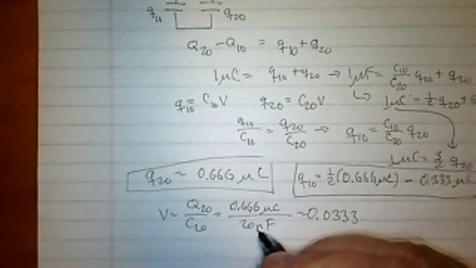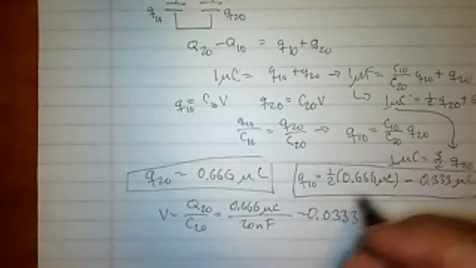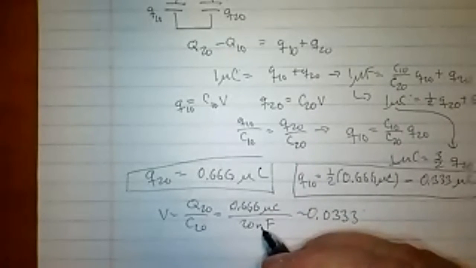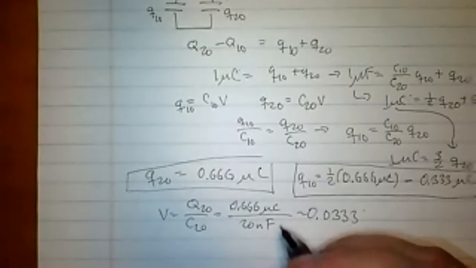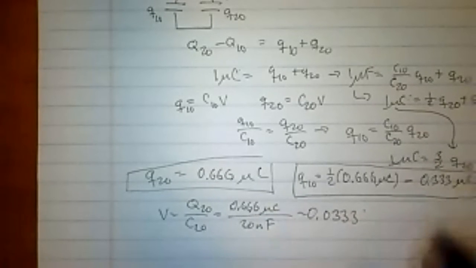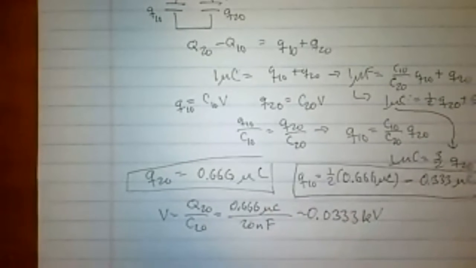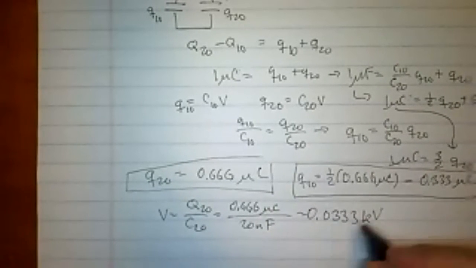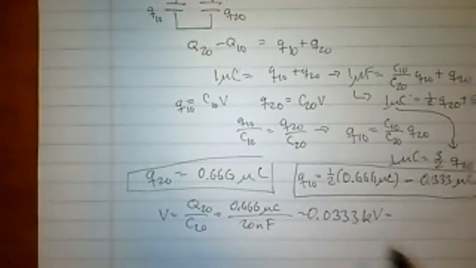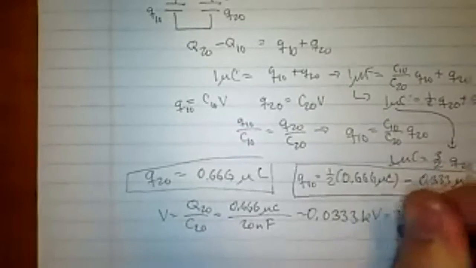That should come out micro over nano, should be kilo. 10 to the -6 over 10 to the -9 should be 10 to the +3. Yeah, that should be kilovolts. Okay, so that of course doesn't make much sense, but it's going to be 33.3 volts.